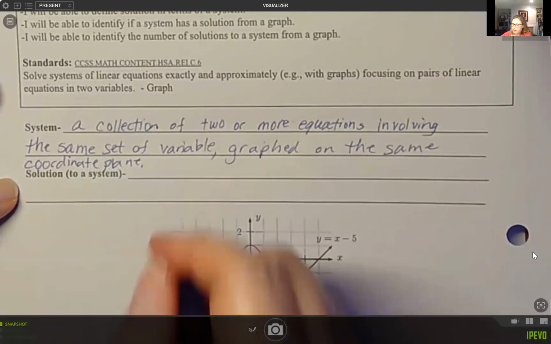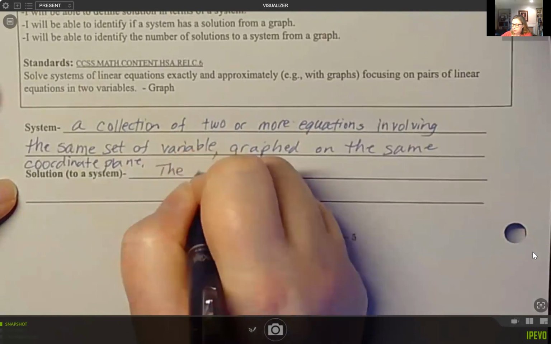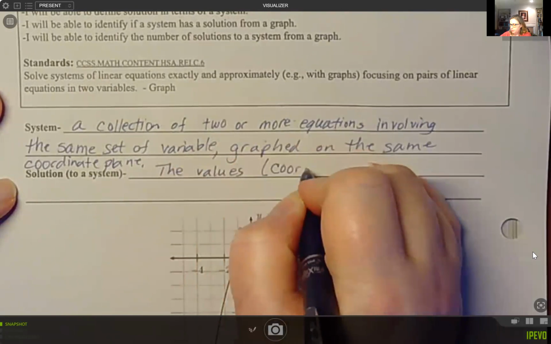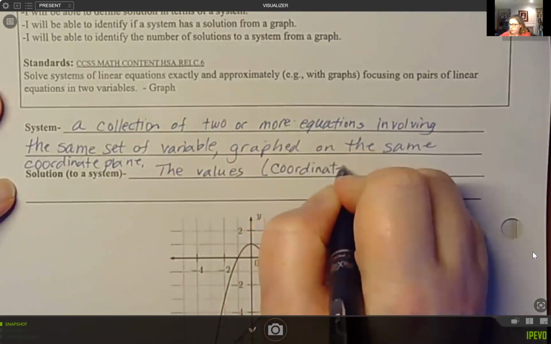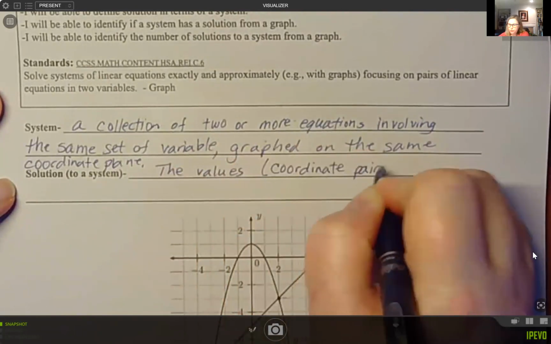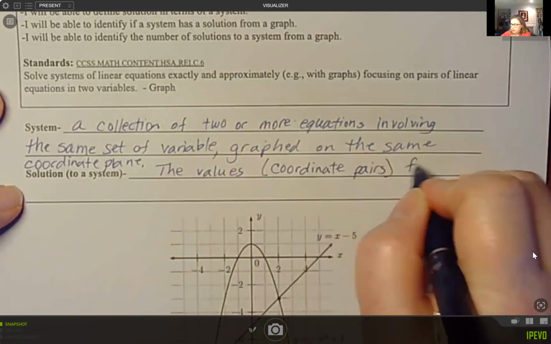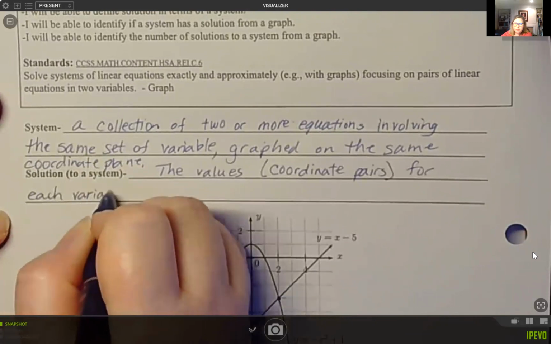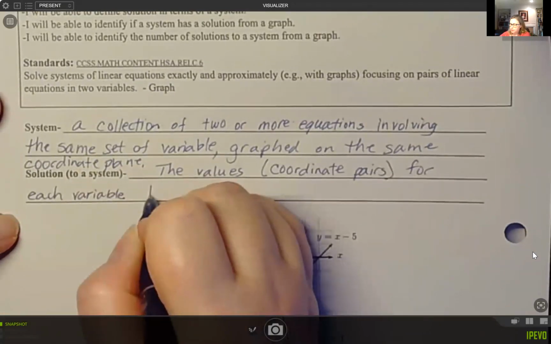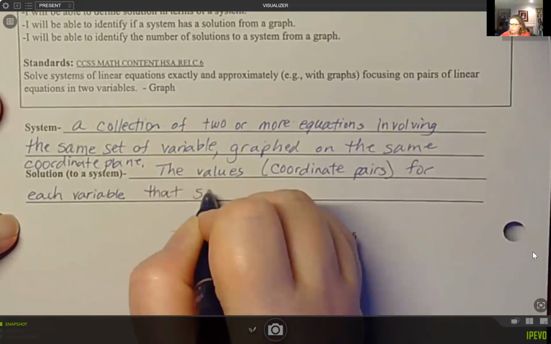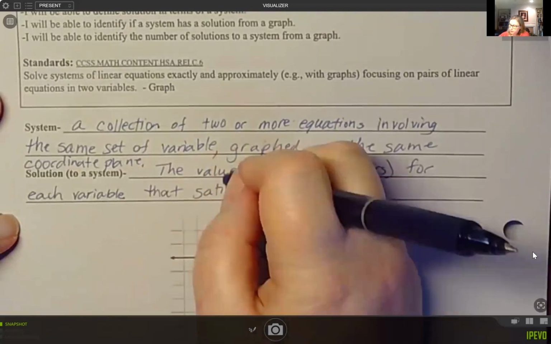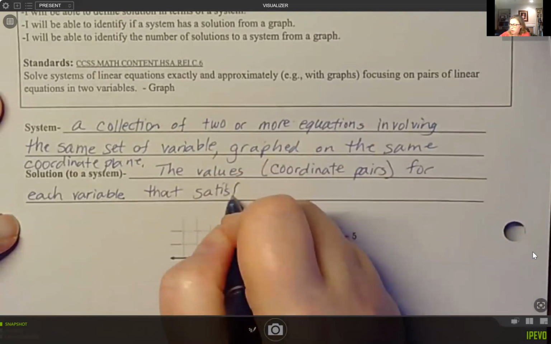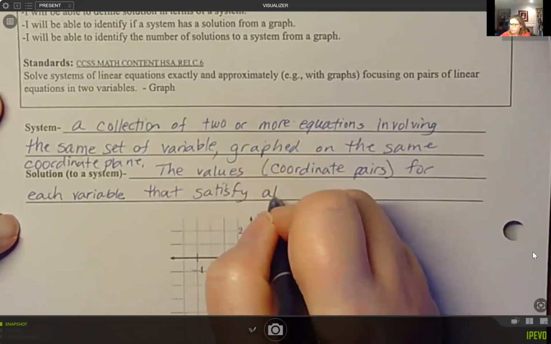So the values, which are going to be coordinate pairs for each variable, that satisfy or make true all equations in the system.